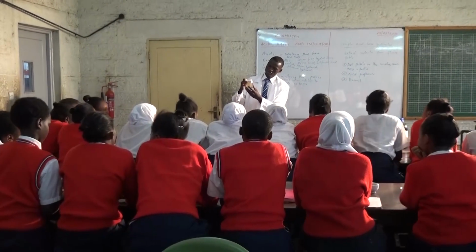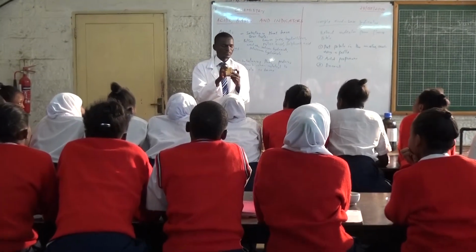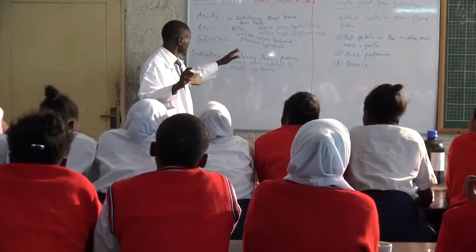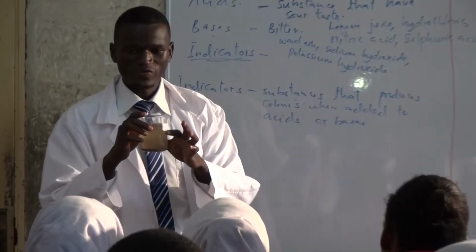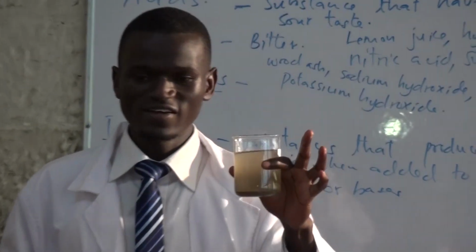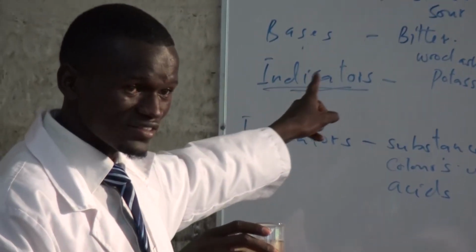I have a solution labeled here, goulash. And if you come back here, we gave an example of goulash where? Bases. Yes, so we want to know the color of the indicator when we add it to goulash, which is a base. Is that okay? Yes.